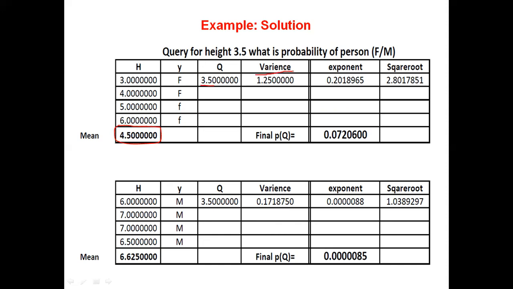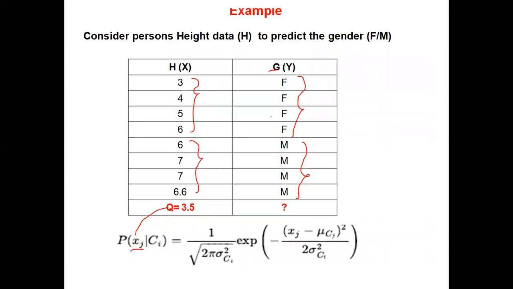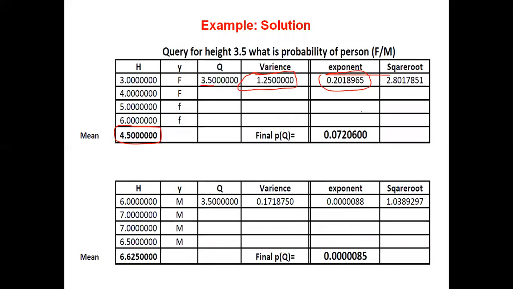We calculated the variance using the ready-made formula in Excel. Then we calculate the exponent term, (xi minus mu of ci) squared divided by 2 times the variance, and we get the value 0.2018.